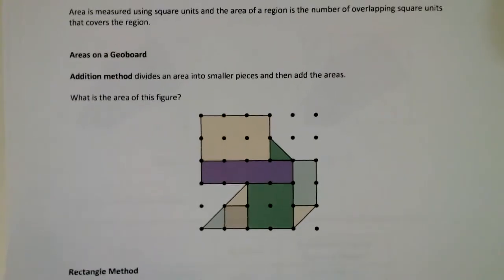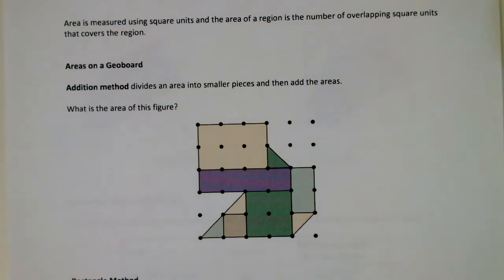Usually a geoboard would just be a board with dots spread out, in the form of squares. So let's say we wanted to find the area of this figure. We just have to count the number of squares in this illustration that I'm showing you right here.